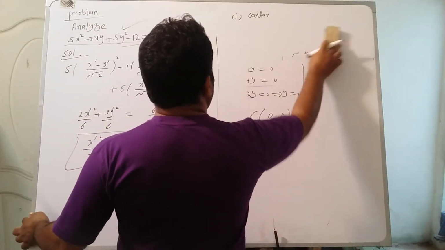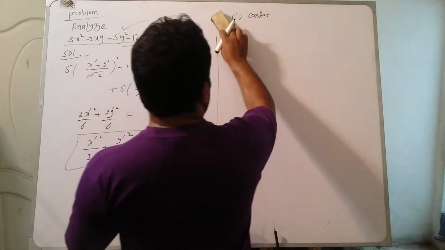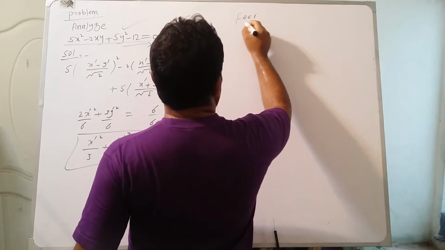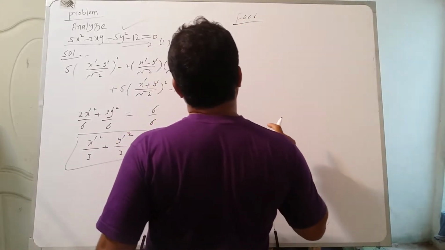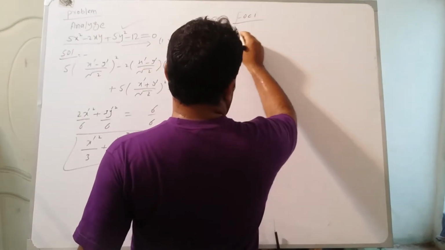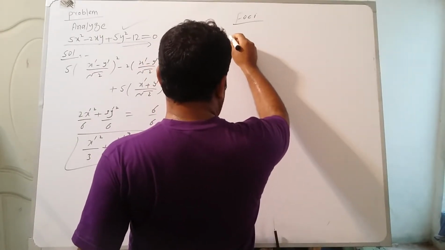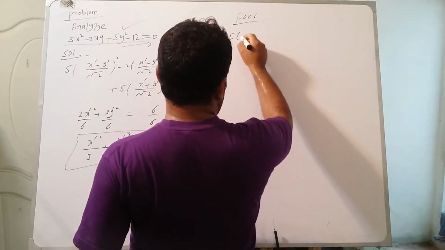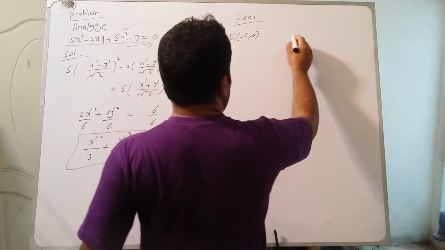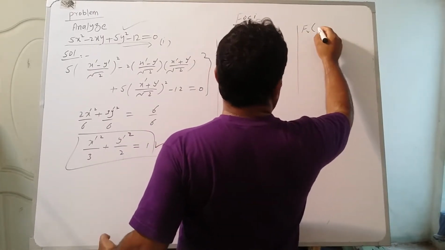Now we find the foci. For the foci, we know that x dash for one focus F1 is minus c, 0 and F2 is c, 0.